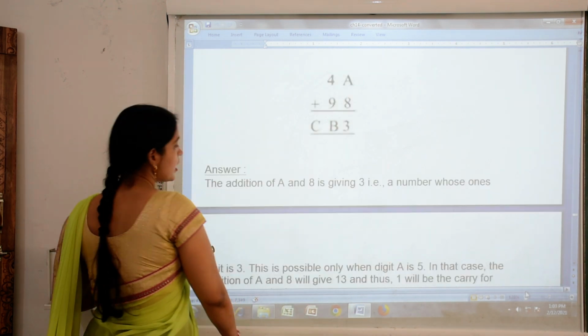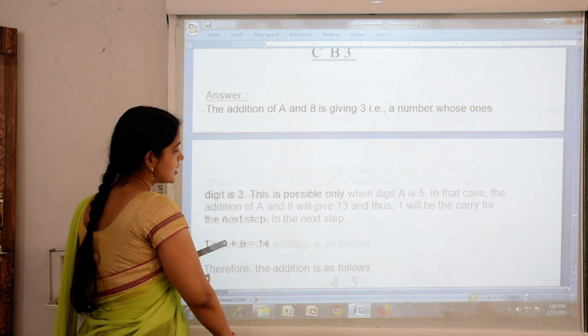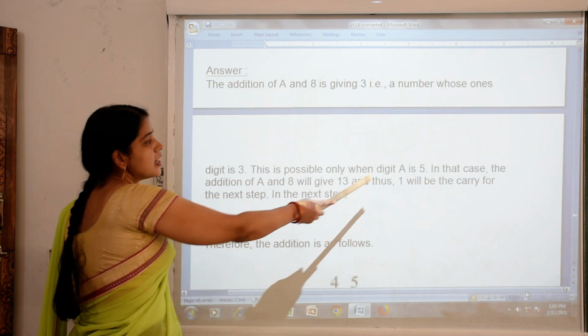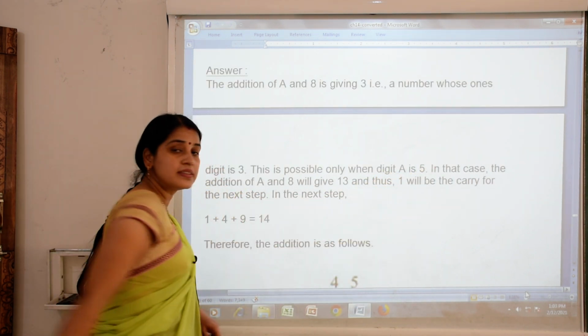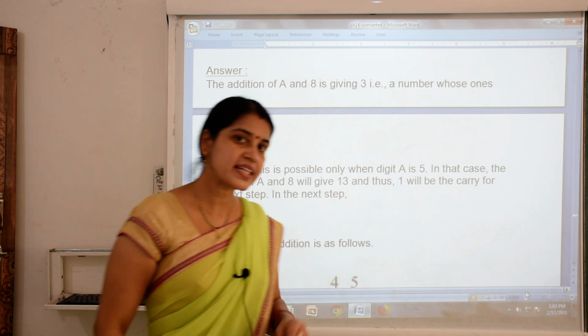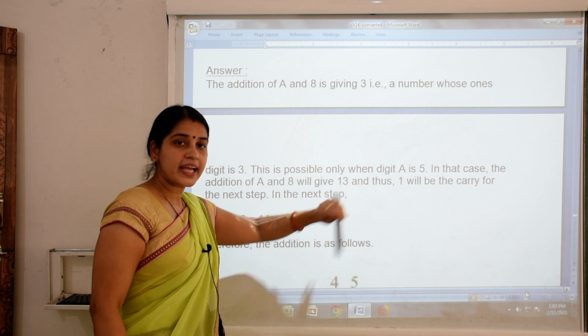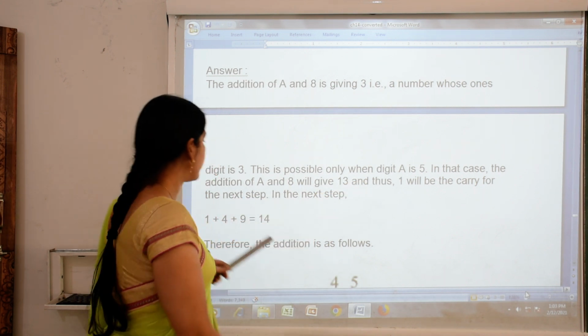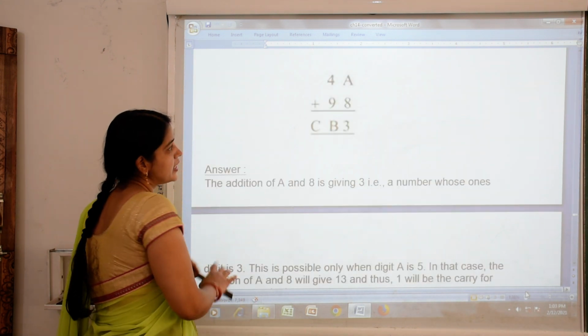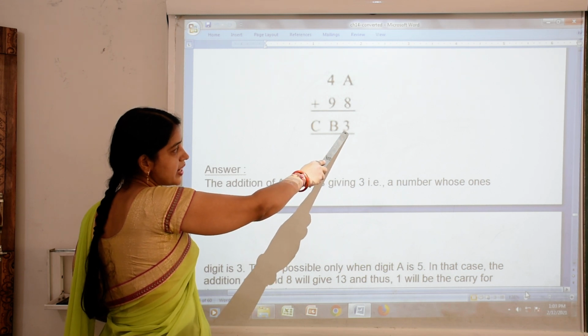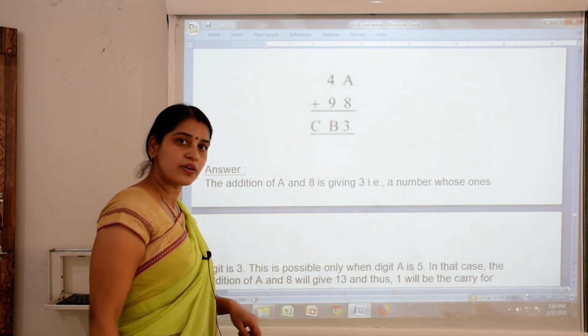So a plus 8 gives 13. It means we have to add 5, because 5 plus 8 is 13. So what is the value of a? A is 5. So 5 plus 8 gets 13. So 3 we write here and carry 1.